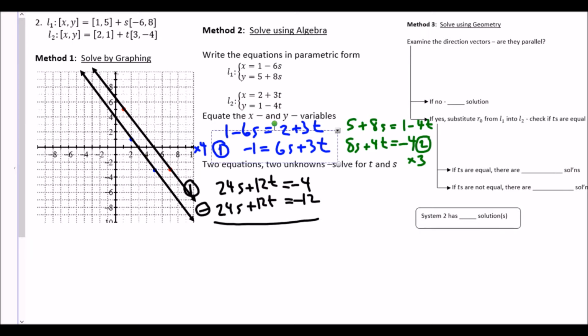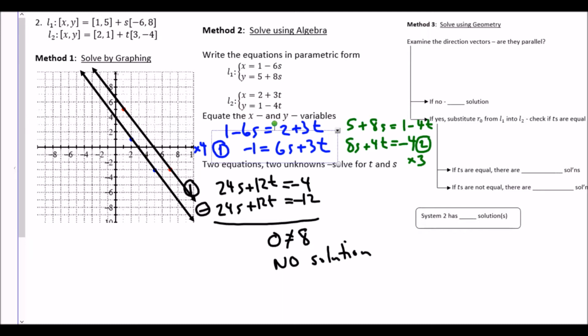That's going to be 0, so I have 0 equals negative 4 minus negative 12, which is 8. Of course, this is not true. That means no solution. So that confirms our method 1. We can see that they look parallel, and yes, that in fact confirms it.